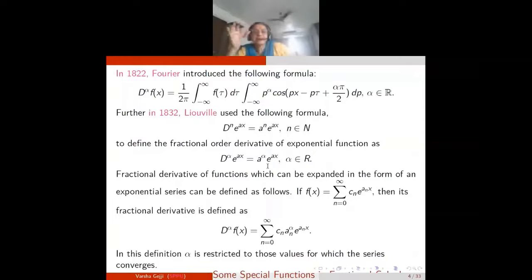For that, Liouville's definition includes integration from minus infinity to x. And we will come subsequently to Riemann's definition, which is on a finite interval. After these two developments, what you find today is the Riemann-Liouville derivative, which is on a finite interval.